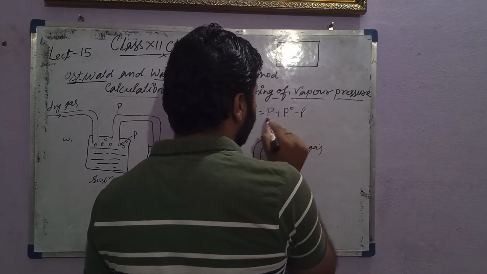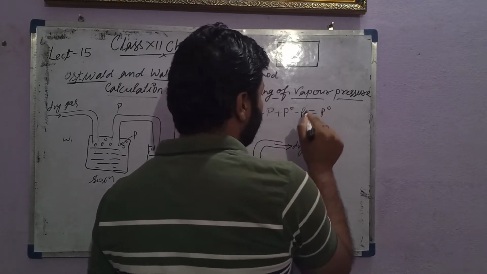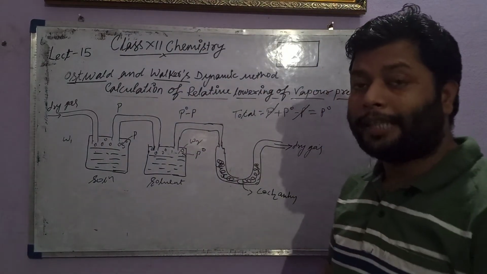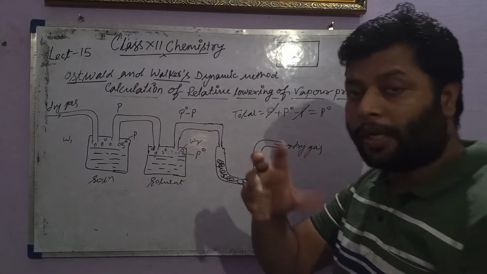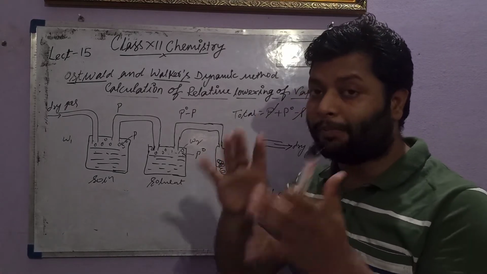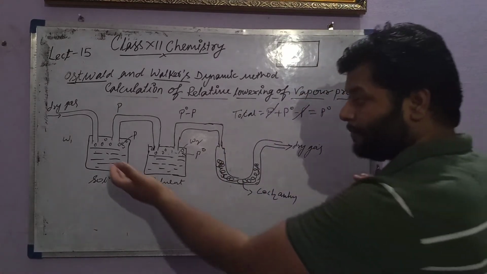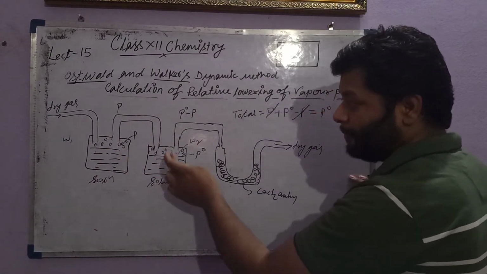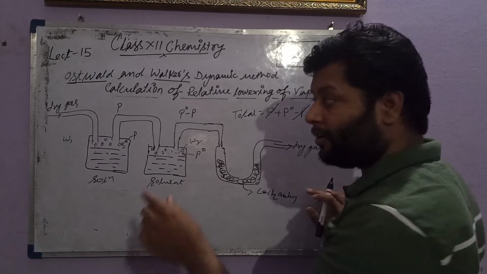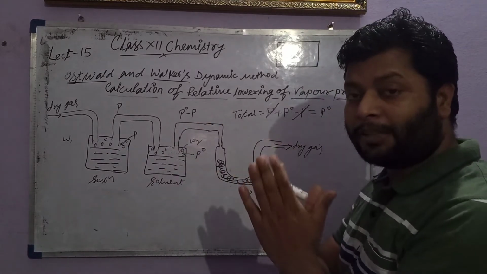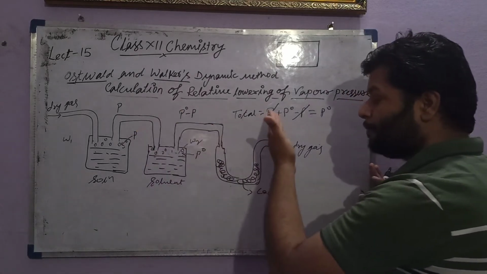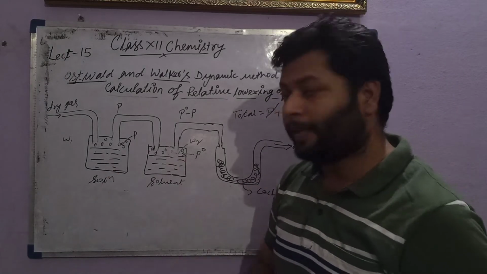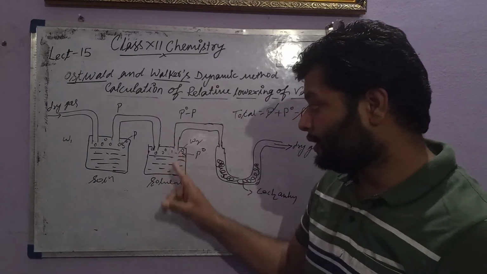This means the total vapor mixed with the dry air is the saturation level of the dry air. From the first vessel the dry air mixed with vapor P, and from the second vessel the dry air mixed with vapor P naught minus P. The total vapor is P plus P naught minus P, equal to P naught. The weight loss in the first vessel is W1, and in the second vessel, suppose, W2.